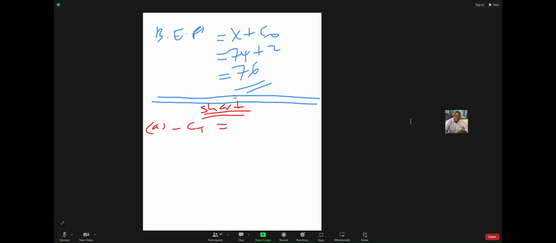No, it was 4. So here it is negative 4. So profit to the short is negative CT plus CO, which is negative 4 plus 2. So profit for this guy is negative 2, or he loses 2.